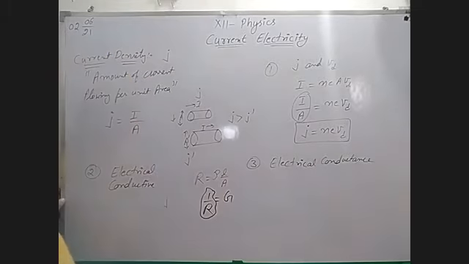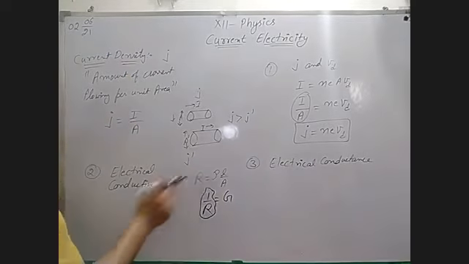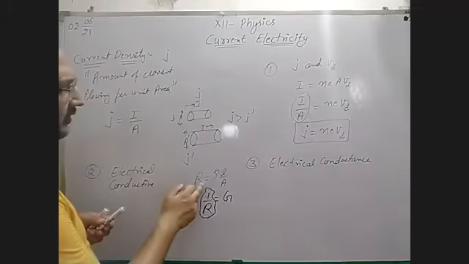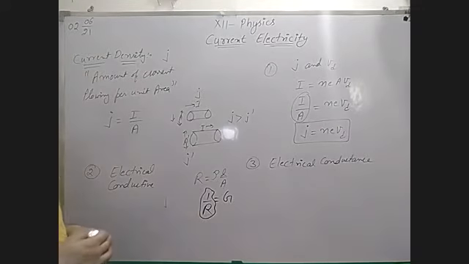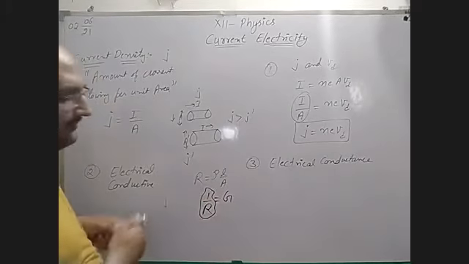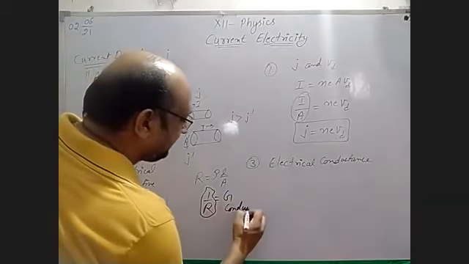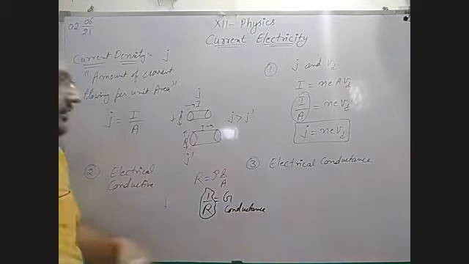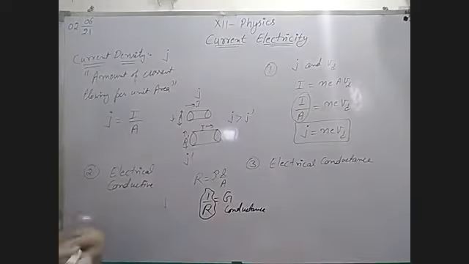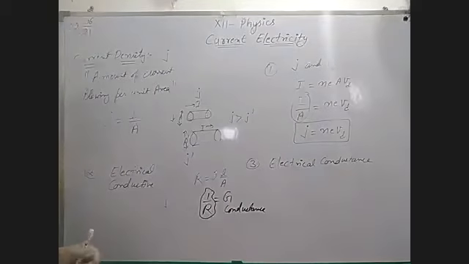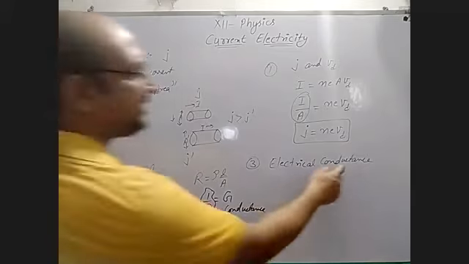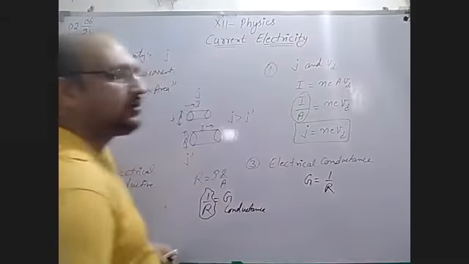What is the function of resistance? To oppose the path of current. But conductance is for conduction of electricity. It is very helpful to flow current through a conductor, through a wire, you can say. Both are reciprocals of each other.